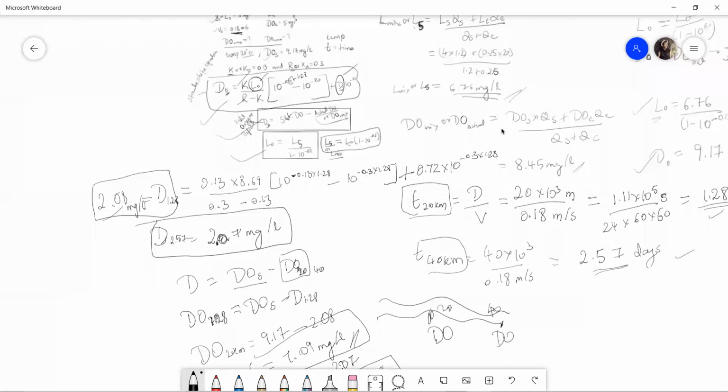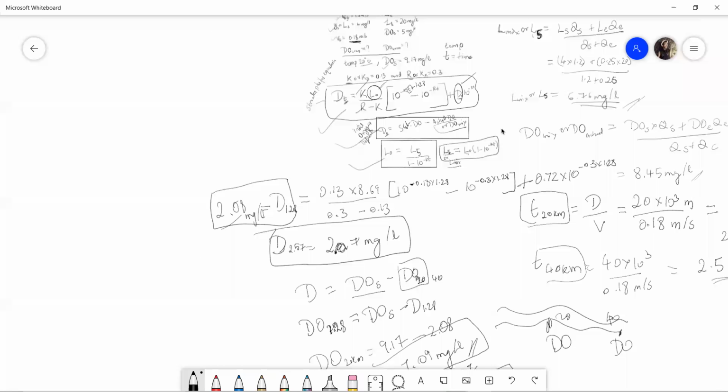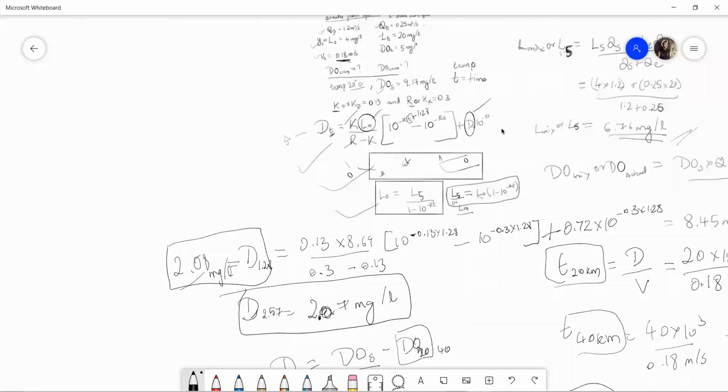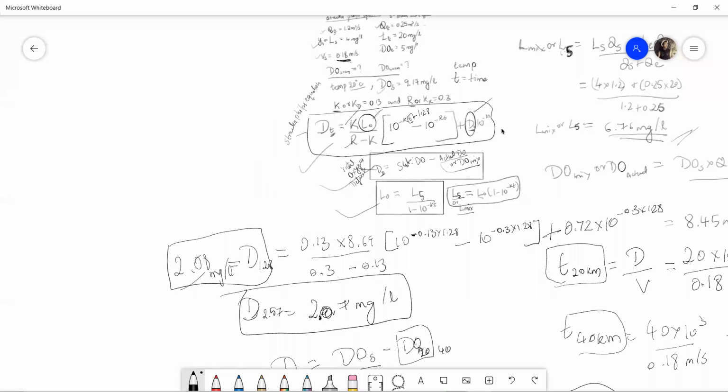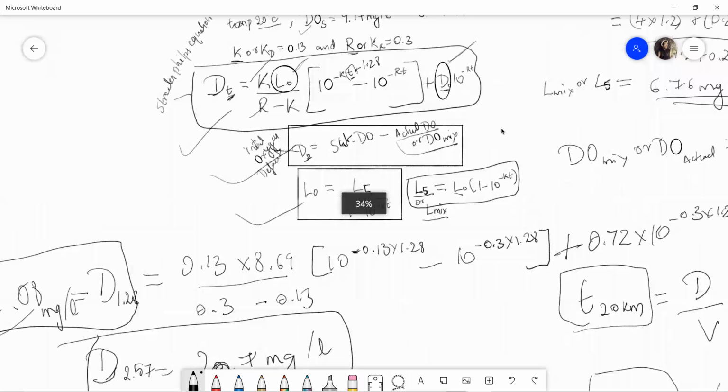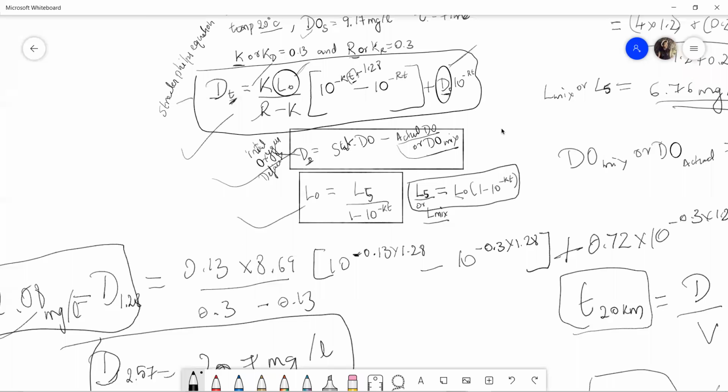Then you have to substitute in the Streeter-Phelps equation. This equation you can see here. In this equation you substitute the values, the K value, L0 value, all the values you have found, for two different distances: 20 kilometers and 40 kilometers. What is the deficit? You are finding the oxygen deficit here.